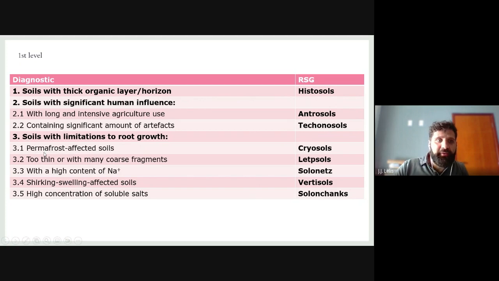If you have a specific limitation to root growth, a limitation to support any kind of complex ecosystem or complex vegetation, because the soil is too thin or it possesses a very high coarse fragments content, they are called leptosols. So the leptosols are those soils that can't support complex life because they are too thin.